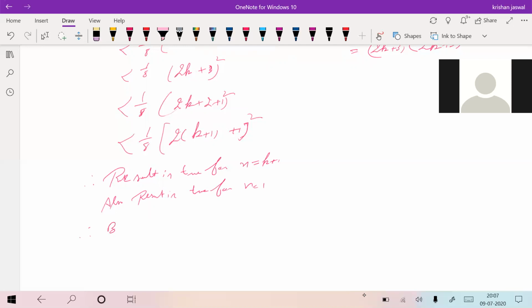Therefore, by the method of induction, the result is true for all n belongs to natural numbers.